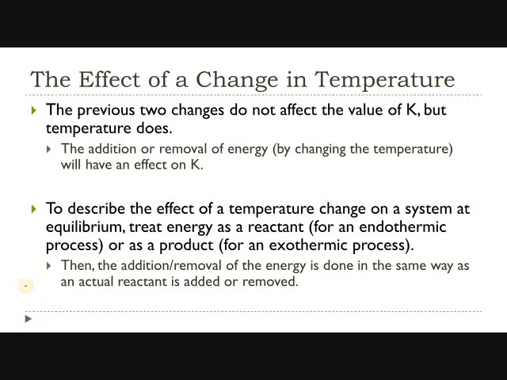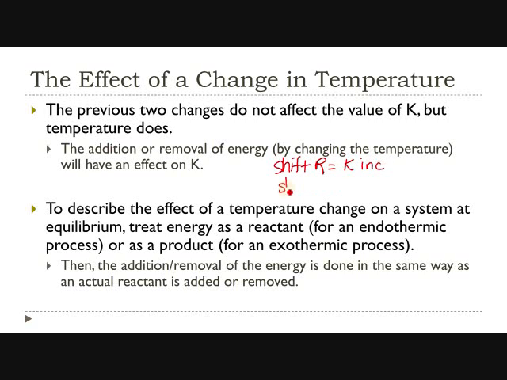Then, to think about how this affects K, because I think that's what example 11 asks us: when you are shifting to the right, you are going to increase the products, so the K will increase.